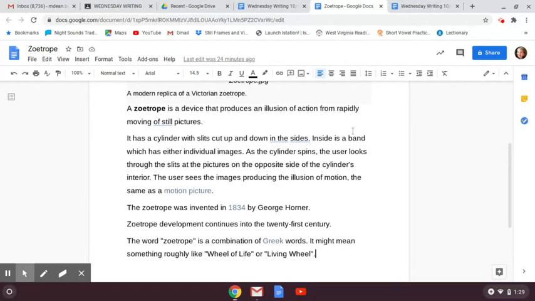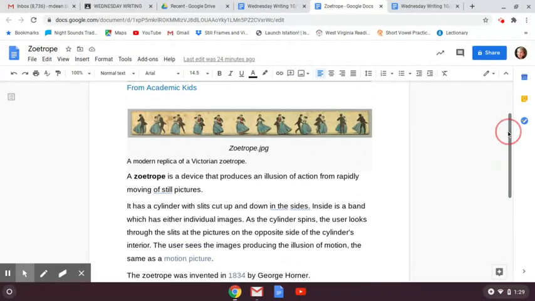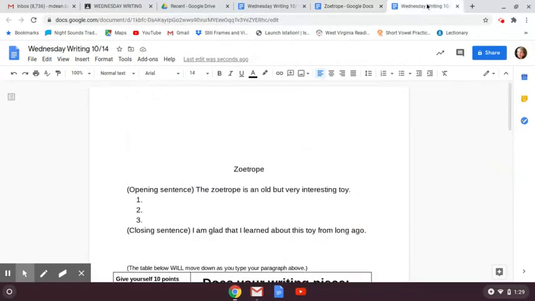It talks about inside as a band of individual images. There's detail that you could use, like the cylinder has slits in it. I'm not going to steal that kind of detail from you. I'm going to let you all have that for yourself to use here. But I'm going to use the boring one.